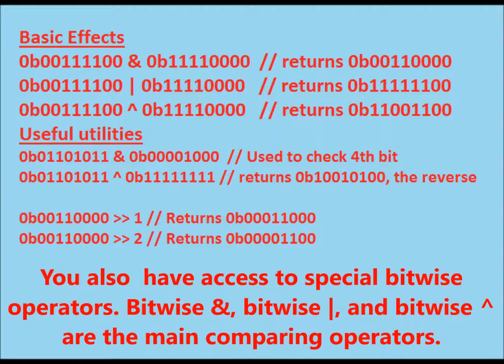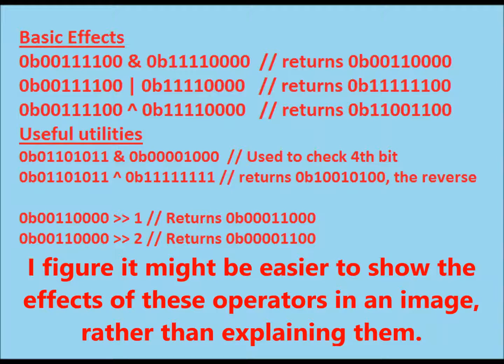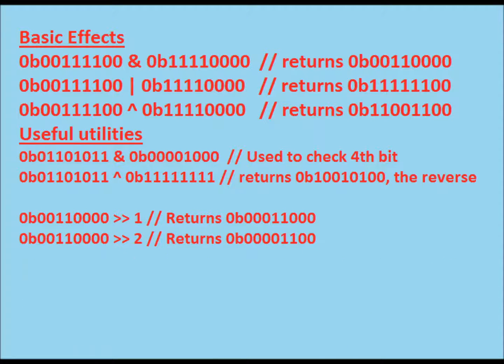You also have access to special bitwise operators. Bitwise AND, bitwise OR, and bitwise XOR are the main comparing operators. You have also seen the left shift operator in a previous video. The right shift operator has a similar effect to the left shift operator, but in the opposite direction. I figure it might be easier to show the effects of these operators in an image rather than explaining them.